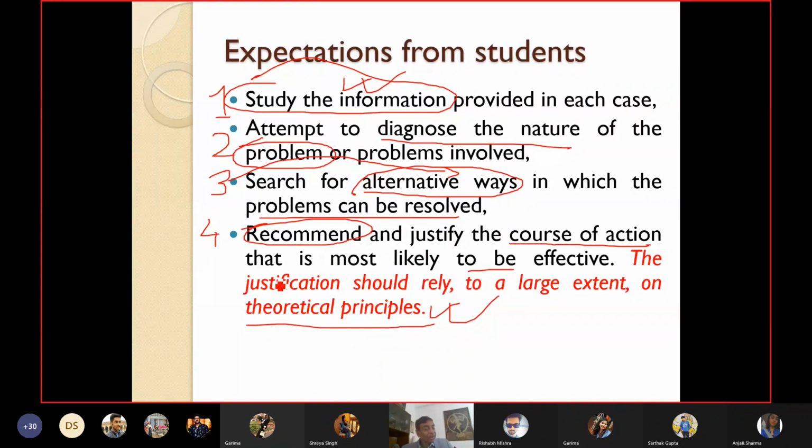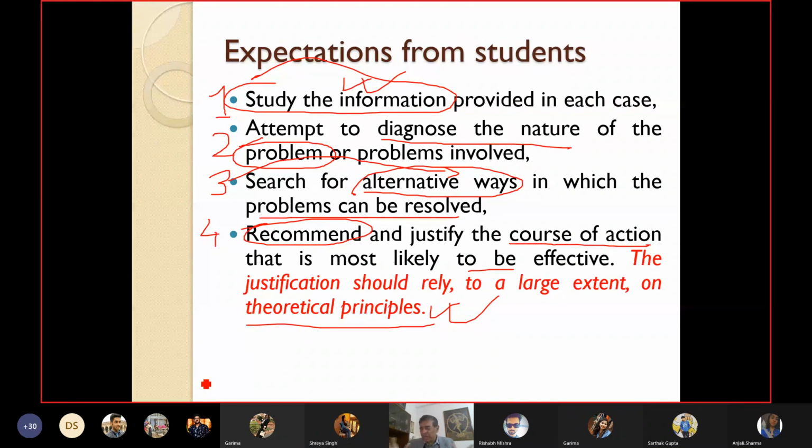So, one is study the information, identify the problems, search for alternatives to resolve the problems, and then make your final recommendation as to what is going to be the best course of action to make the entire solution be met most effectively. You can write this point down also, ladies and gentlemen, as I'm calling out.